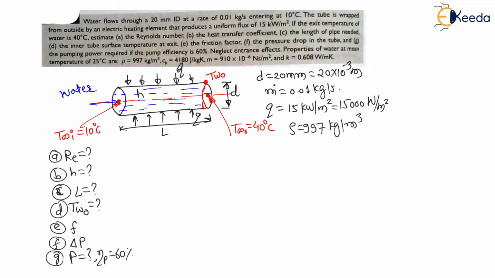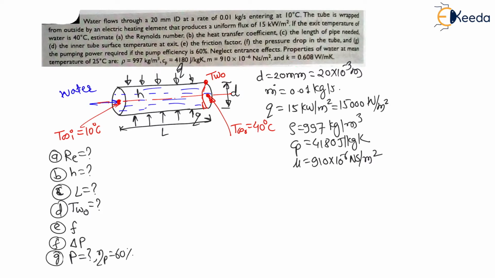Then the specific heat of water, Cp, is 4180 joule per kg Kelvin. Then the dynamic viscosity, which is written here as mu, in Newton second per meter square, is 910 into 10 to the power minus 6 Newton second per meter square.